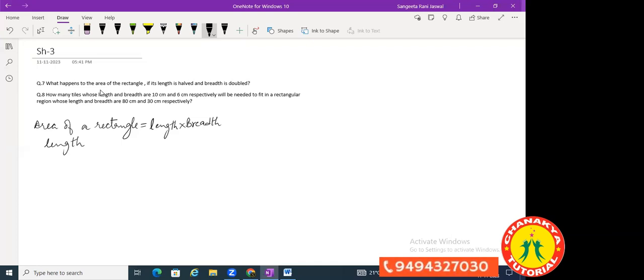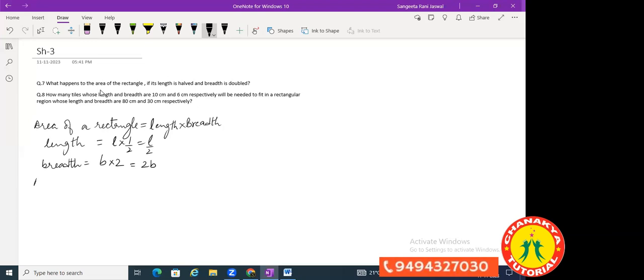Now according to the question, it's saying length is half. So length is half means length multiplied by half, which becomes L by 2. And according to the question, the breadth is doubled. So breadth is B, and when the breadth is doubled I have to multiply it with 2. So I get 2B.